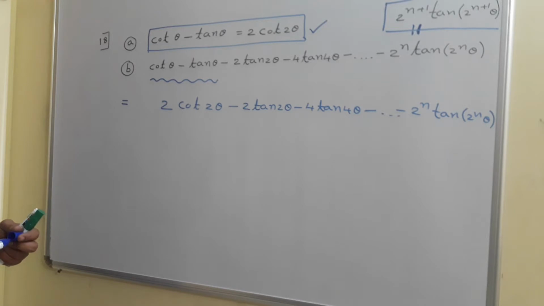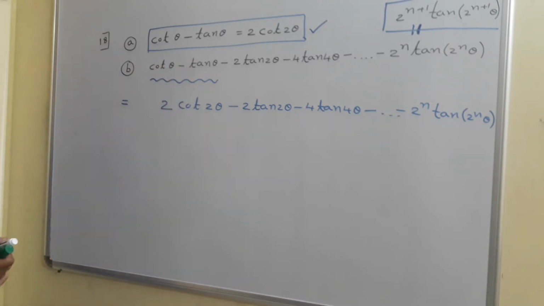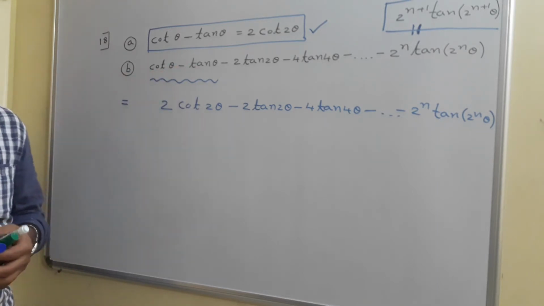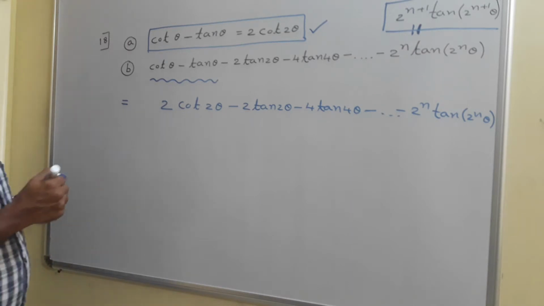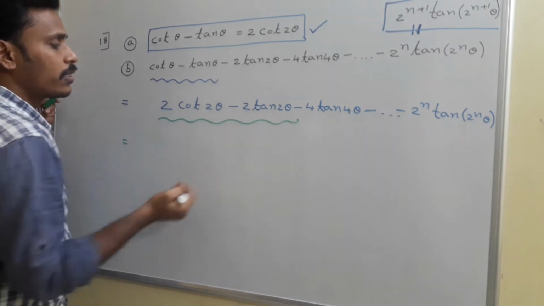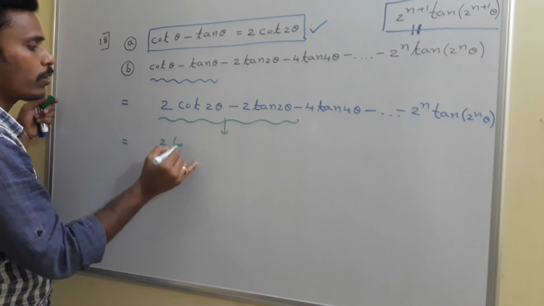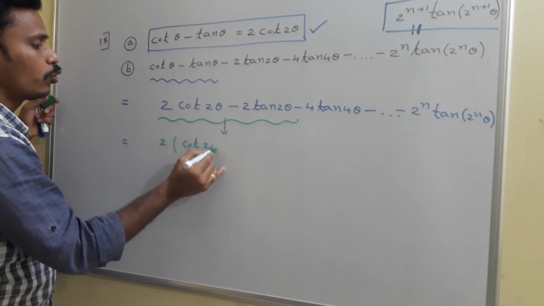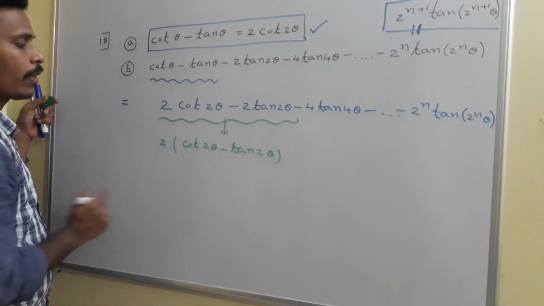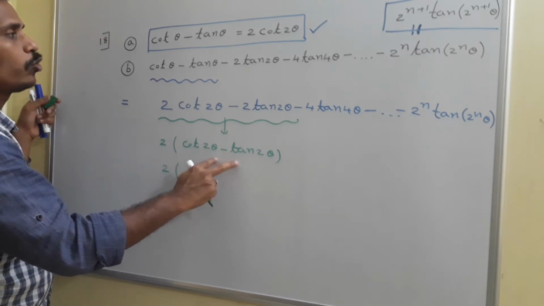Now think about it. In the next step, you need to think about the first two terms again. These first two terms are 2 times cot 2 theta minus tan 2 theta.